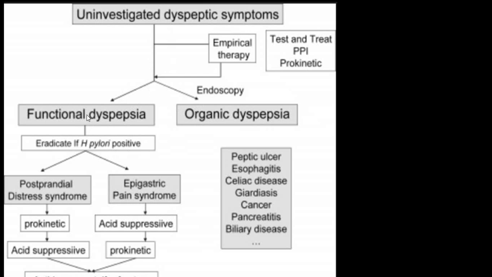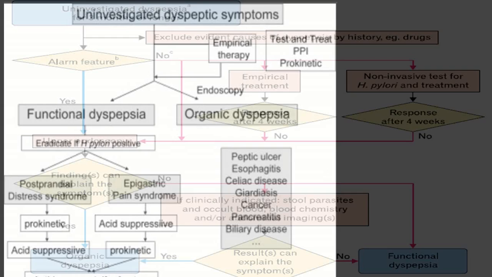Sometimes when it lasts longer and you don't get an adequate response with a prokinetic and acid suppressive therapy, add antidepressants, particularly when you label it as refractory functional dyspepsia. Antidepressants like tricyclics should be added.